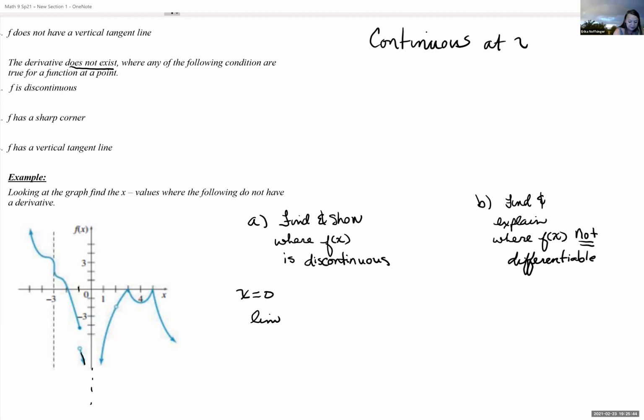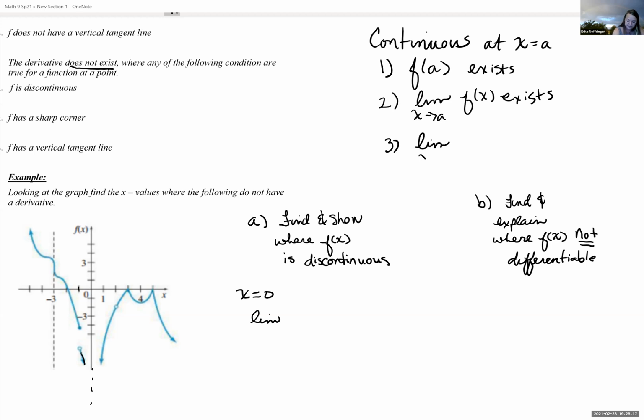It's continuous at some value x equals a if f of a exists, and the limit as x approaches a of f of x exists. In order for a limit to exist, the left-hand side and the right-hand side had to give us the exact same value. And the limit as x approaches a of f of x is basically the direct substitution, f of a.